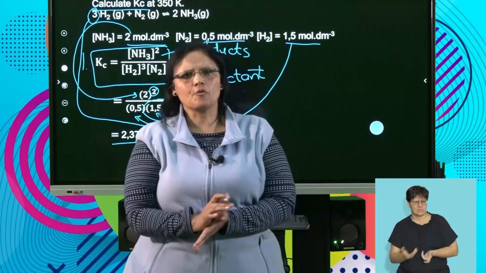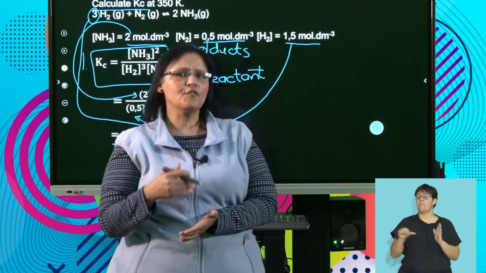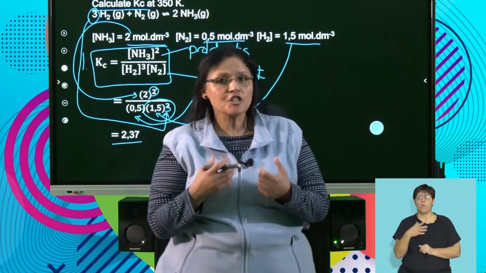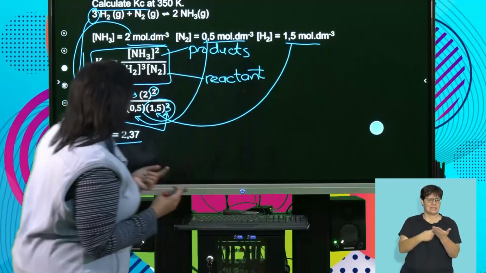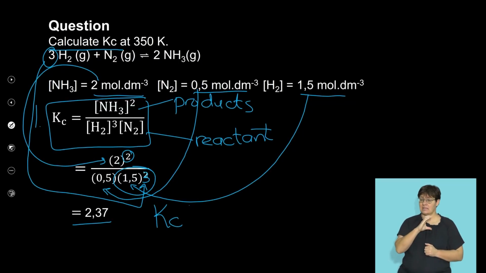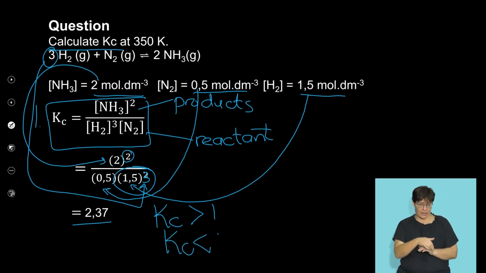They also ask the question, what is the significance of Kc? When they ask you that question, they actually want you to talk in terms of Kc: is Kc bigger than 1 or is Kc smaller than 1?